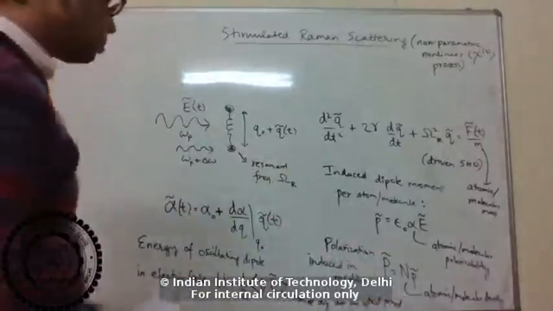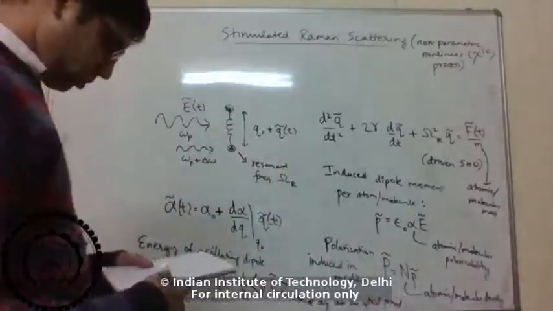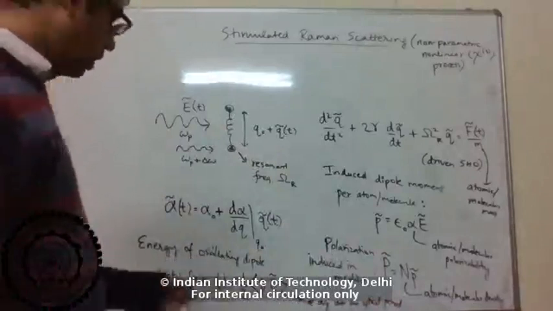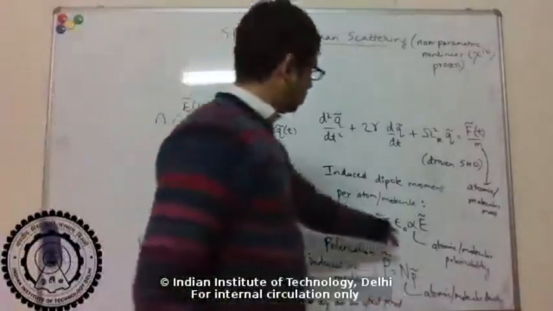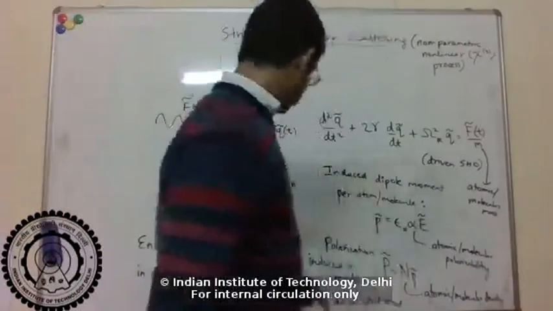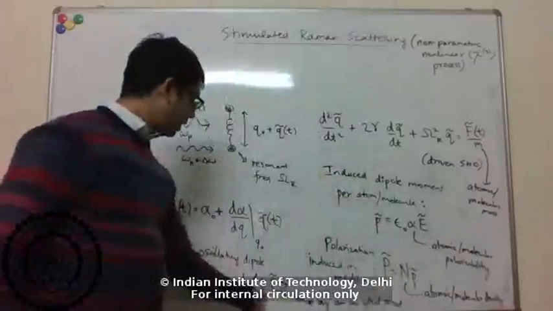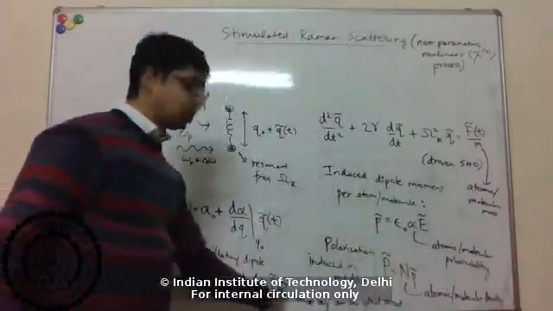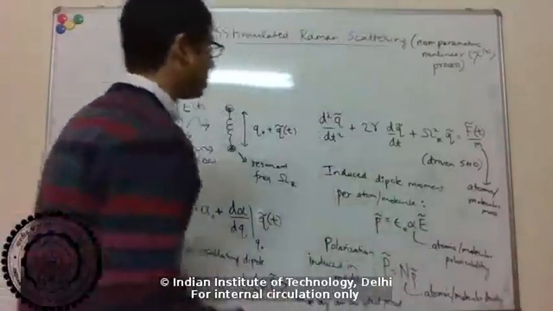And P we know we can write as epsilon naught alpha E. So then we'll get some constant and E dot E, so we'll get E square here.